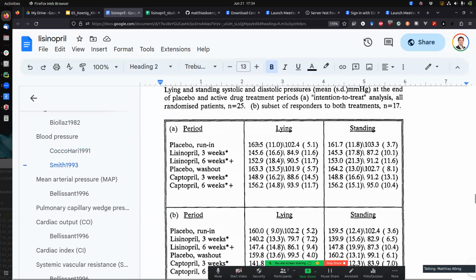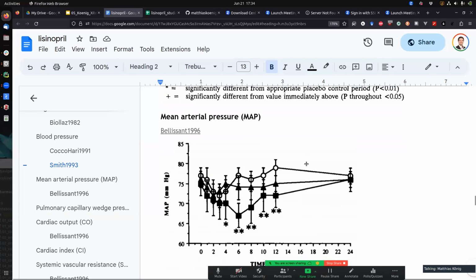But overall, if you have studies with 3 weeks and six weeks of lisinopril treatment, and you often measure the blood pressure lying and standing, you can see you go down from 160 to 100 to 145 to 84. After 6 weeks you're still pretty okay, but you go down from the baseline, and this looks pretty good.